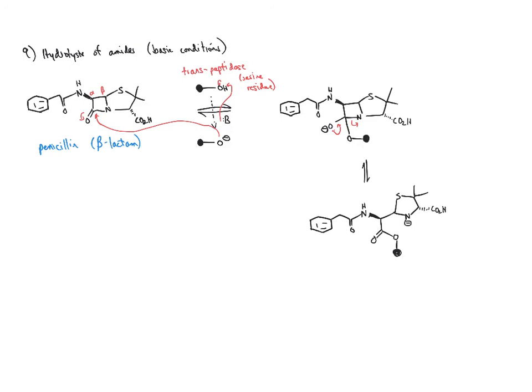So this amide then takes the base. In this reaction up above, where the transpeptidase deprotonates the serine residue to give you the O-, you also have BH plus around. So the BH plus comes back in this mechanism and becomes protonated.